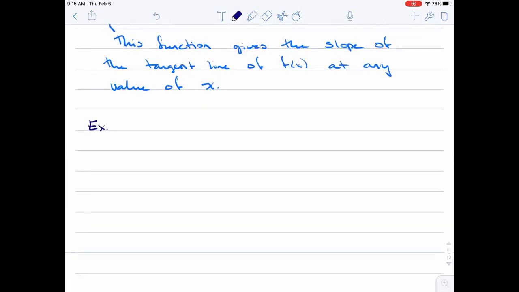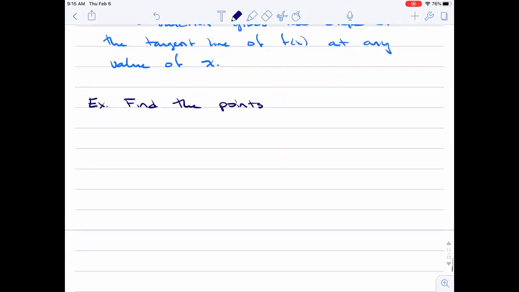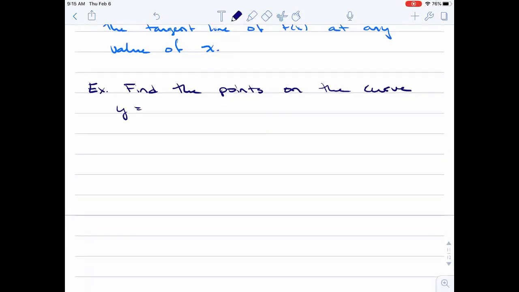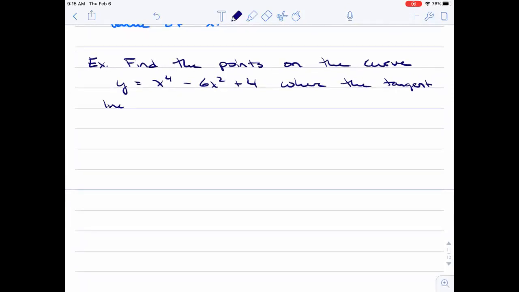So find the points on the curve y equals x to the 4th minus 6x squared plus 4, where the tangent line is horizontal.